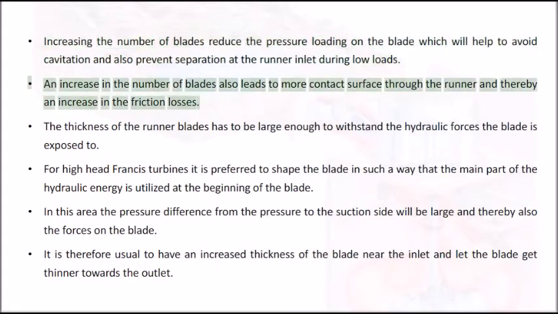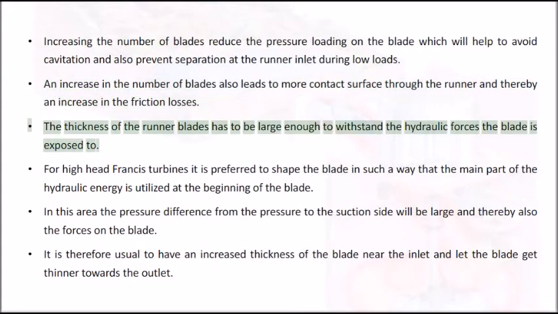An increase in the number of blades also leads to more contact surface through the runner and thereby an increase in the friction losses. The thickness of the runner blades has to be large enough to withstand the hydraulic forces the blade is exposed to.